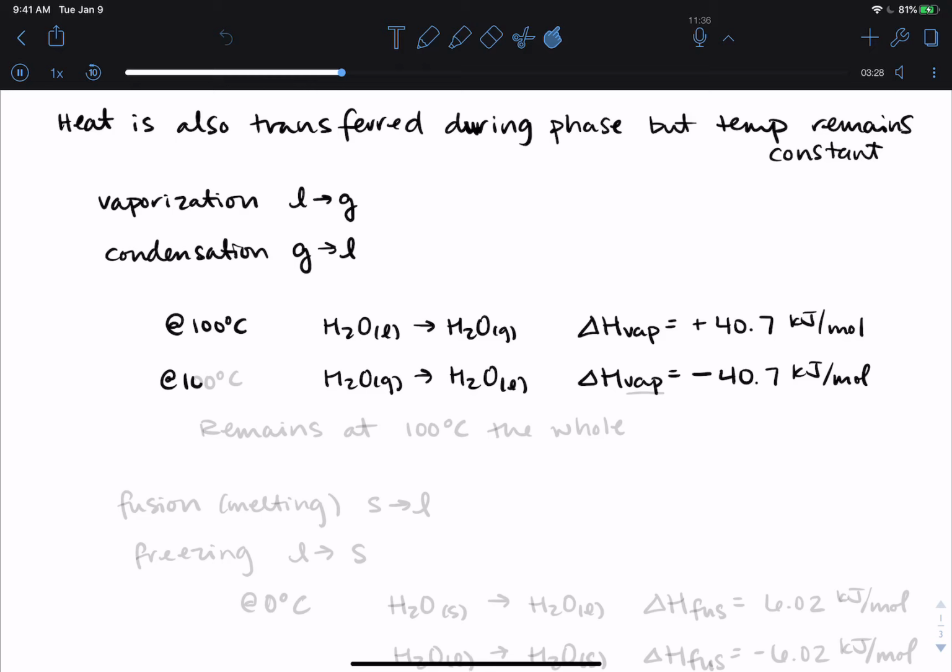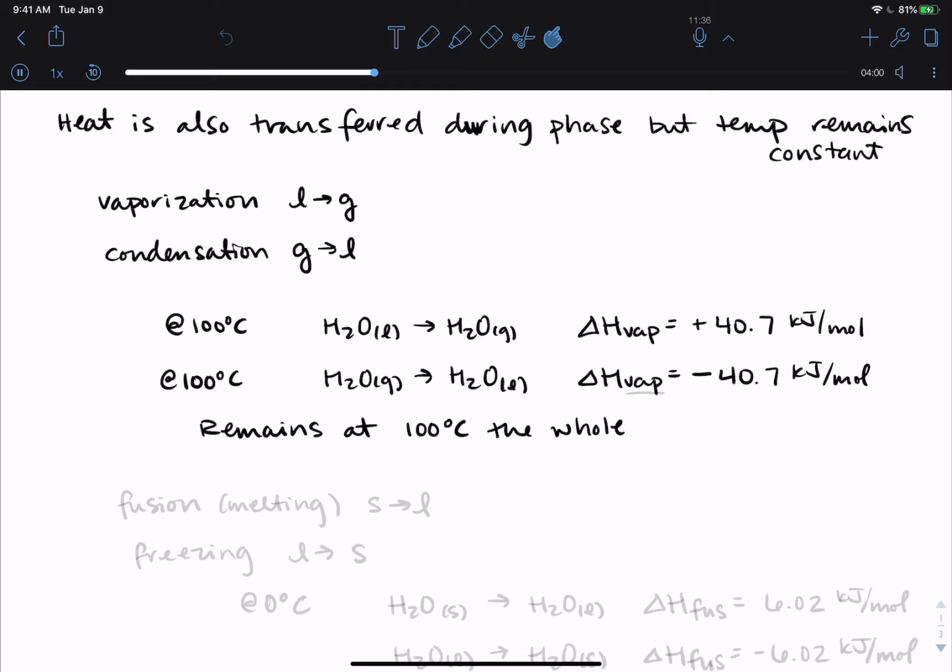This is at 100 degrees Celsius, and the sample remains at 100 degrees Celsius the whole time. If you have a sample of water that's boiling, it is 100 degrees Celsius, and it stays 100 degrees Celsius until all of it has been converted into a gas.